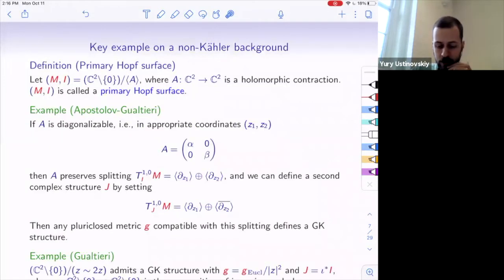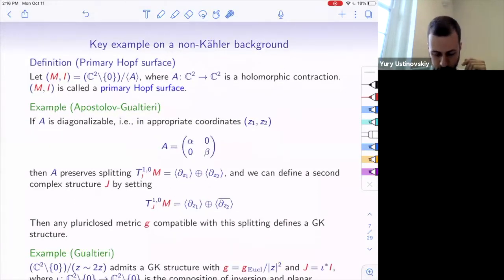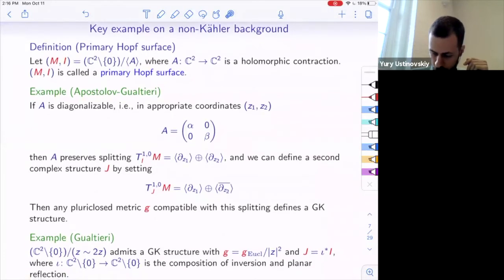And the following example will be actually important to us in what follows. This is a key example of a generalized Kähler structure on a non-Kähler background, and this is an example of Hopf surfaces. Specifically, I recall the definition of a primary Hopf surface.